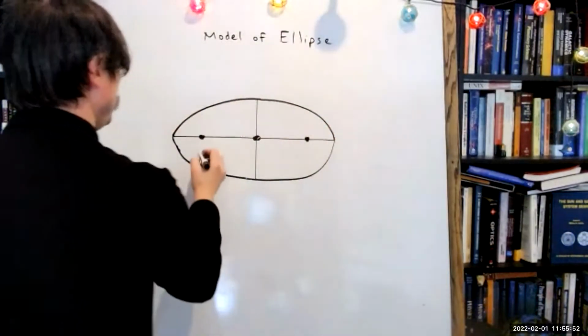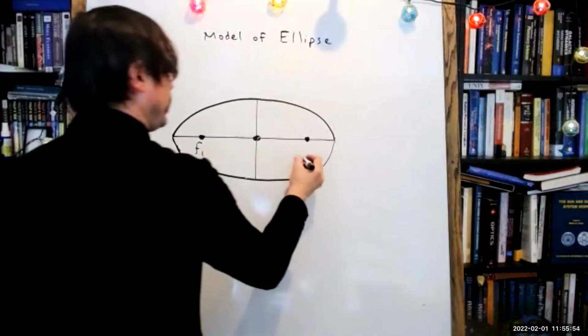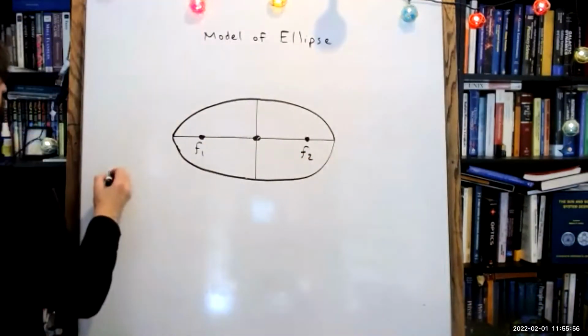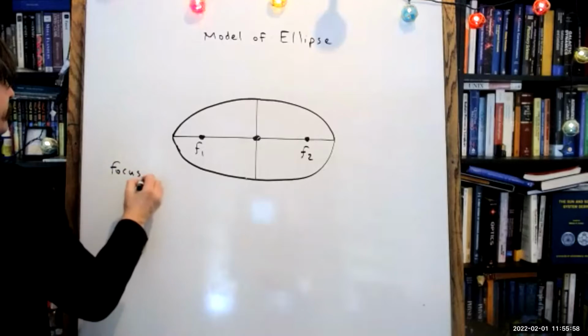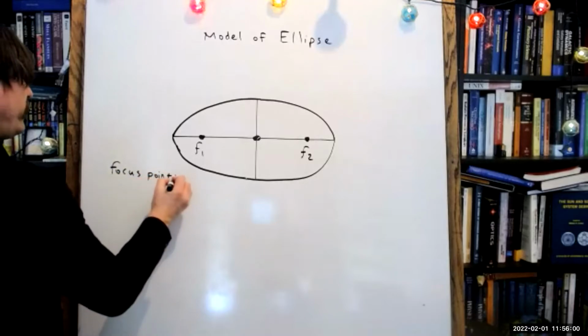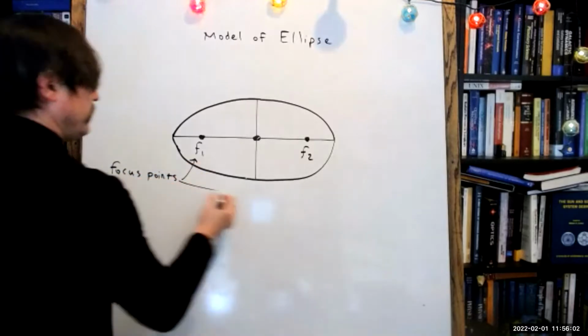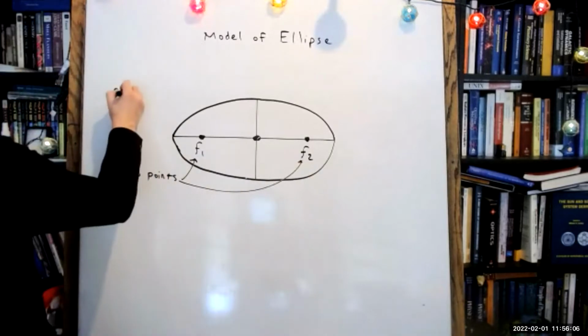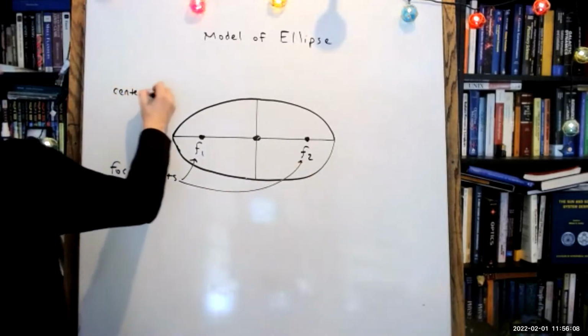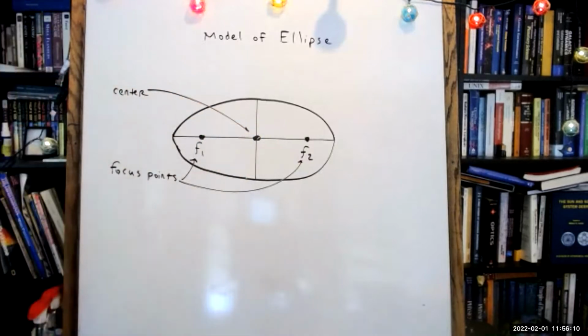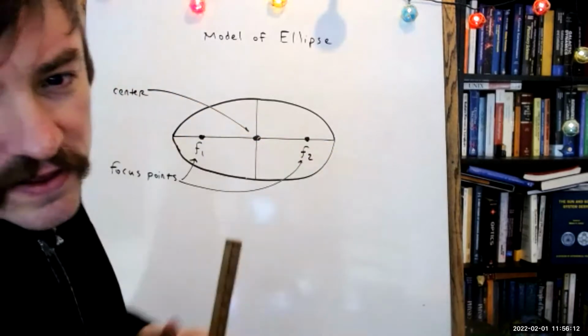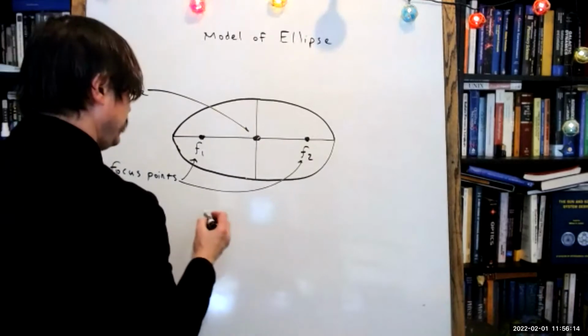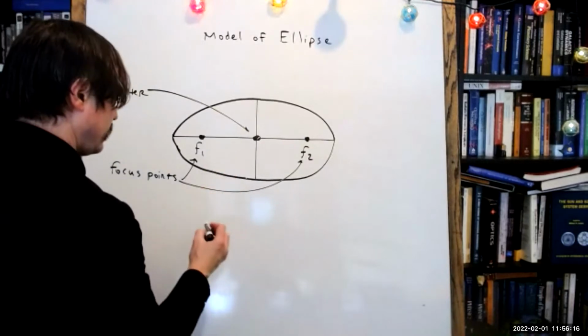Okay. So the focus points are called F1 and F2. And focus points are part of the geometry of an ellipse. The center of the ellipse is here. The line that cuts through the ellipse is called the, well, let's see, how do we do this?